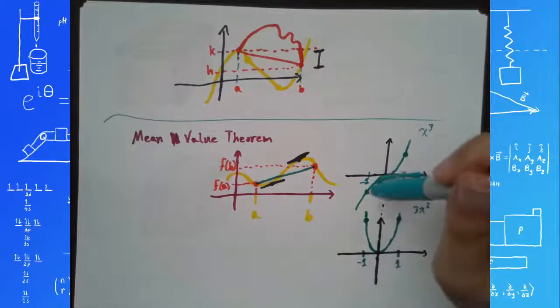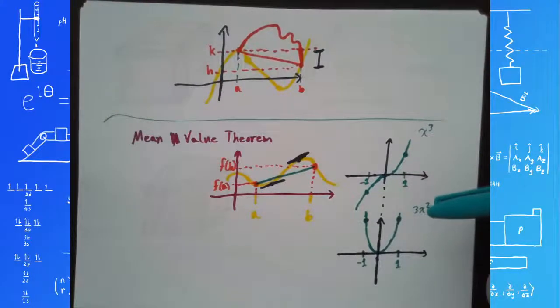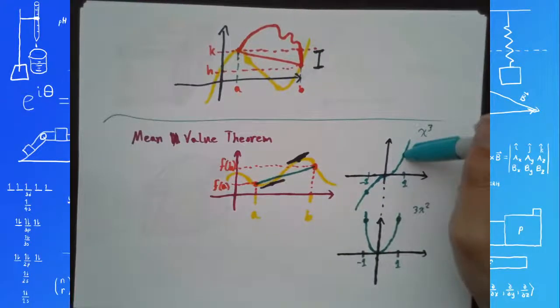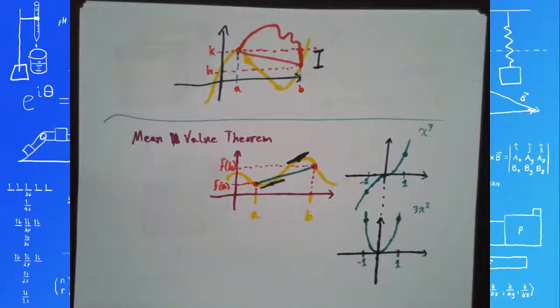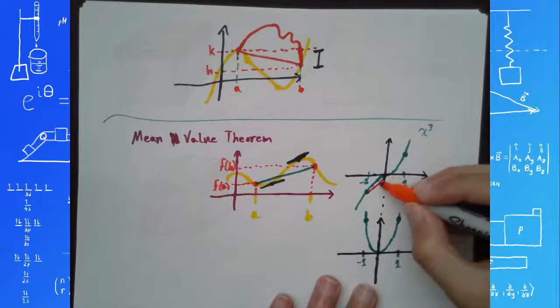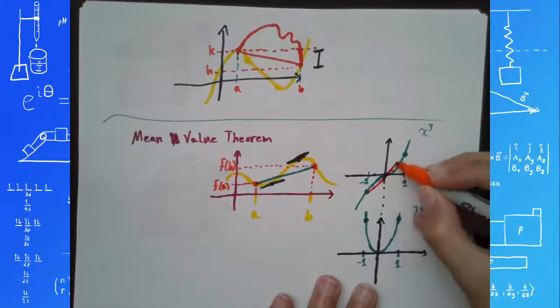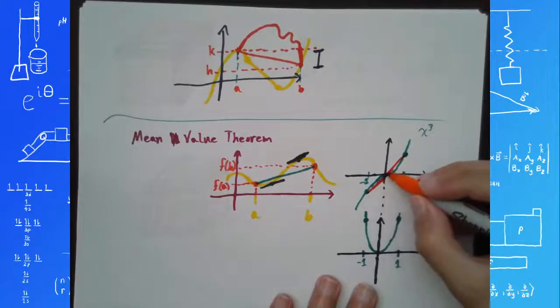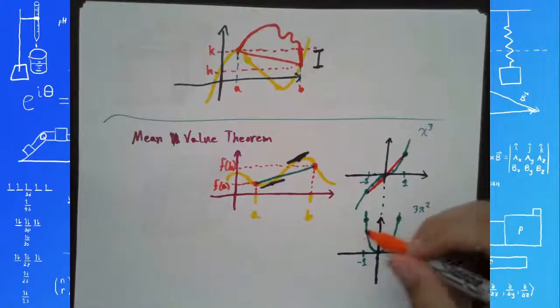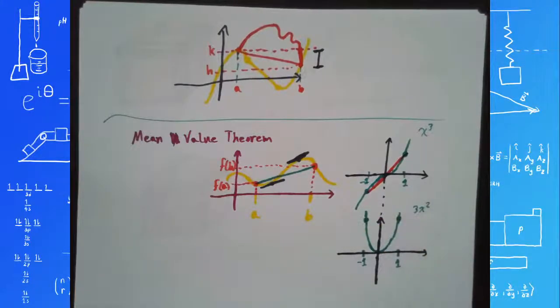What would the slope of this secant line represent? Well, it's from -1 to 1. Let's draw the secant line connecting those two. Should look like that. And it would have a slope of +1. So what does a slope of +1 represent in the derivative graph?